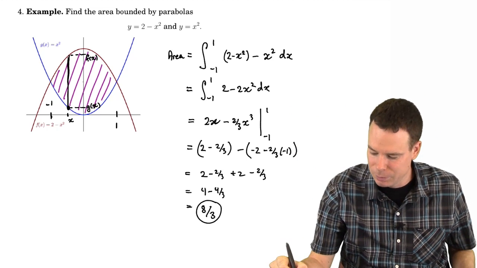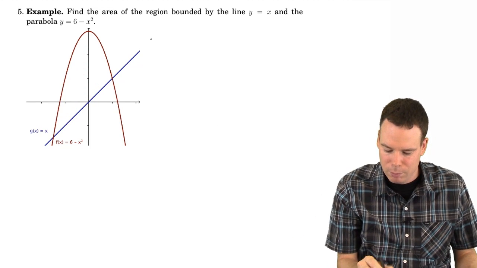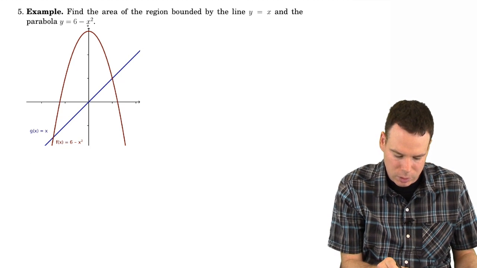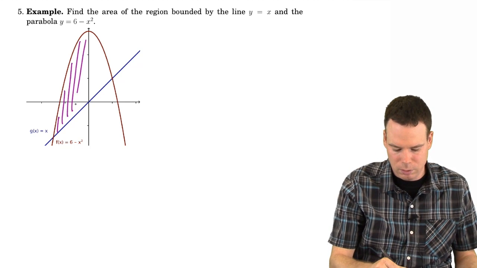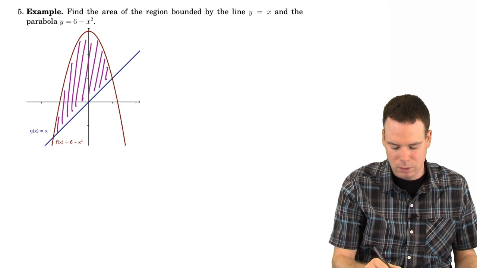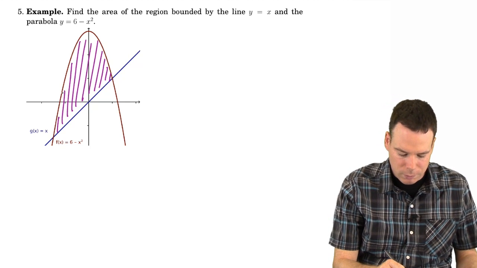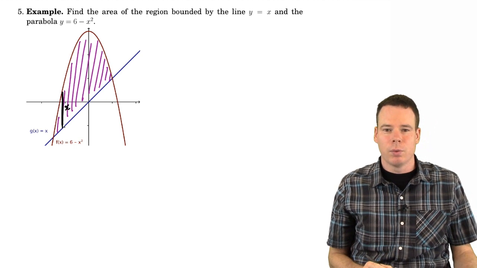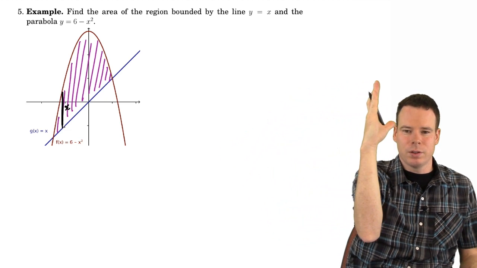Let's have a look at another example. Find the area of the region bounded by the line y equals x, so that's the blue line here, and the parabola y equals 6 minus x squared. So here's the region we're interested in finding the area of. What we're going to do is imagine a vertical line segment at some arbitrary position x, and watch what happens as this vertical line segment sweeps its way across the region.